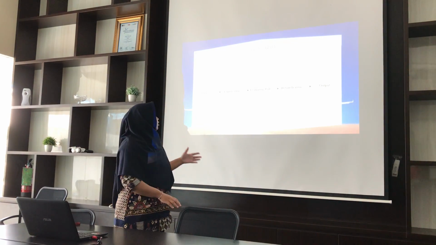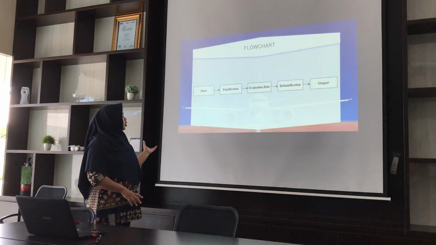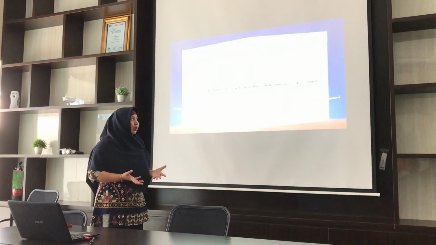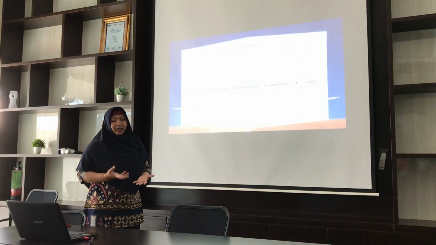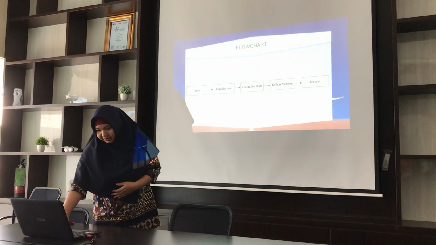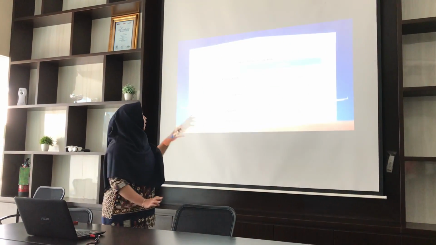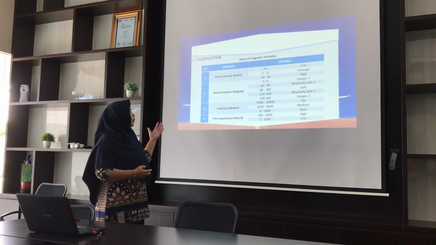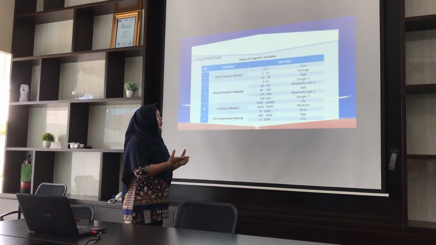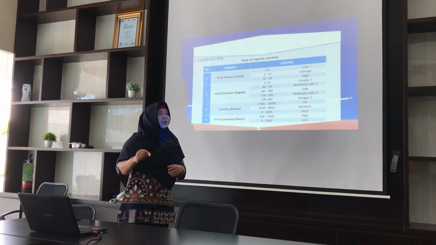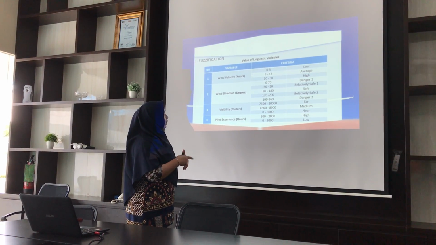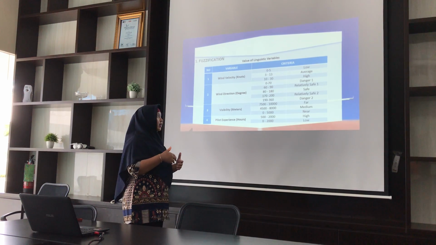And then this is a flow chart. If you see the flow chart slide, you can see the input, fuzzification, evaluation rule, defuzzification, and automatically the output. This is the value of the linguistic variables. If you can see wind velocity, 0 until 5 is low, and then 3 until 13 is average, 10 until 30 is high.